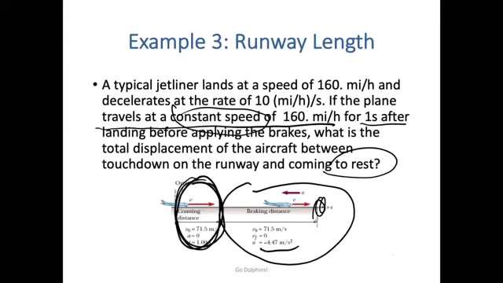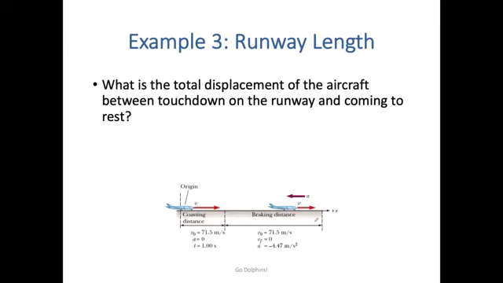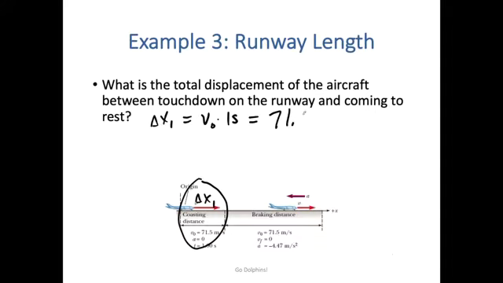So we know 3 quantities. Right now, we know 3 quantities. Well, this one is easy to calculate. Let's call this one delta x1. Delta x1 is initial velocity times this 1 second time interval, which gives 71.5 meter, right?